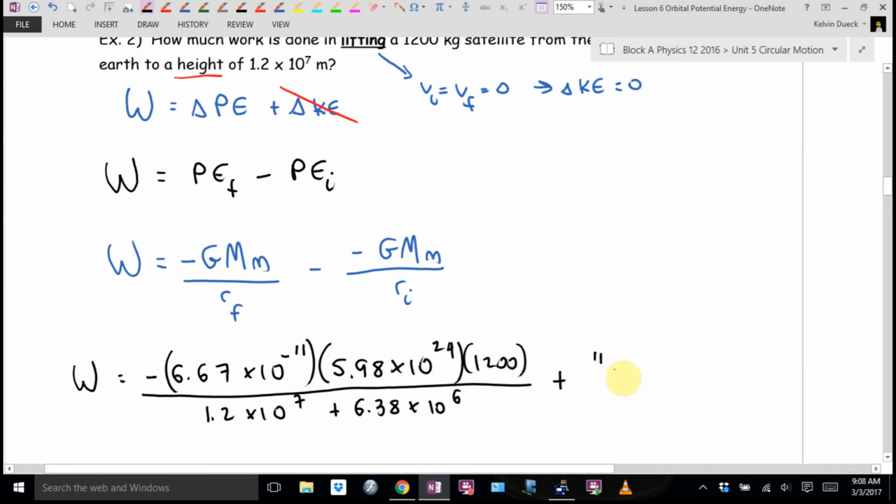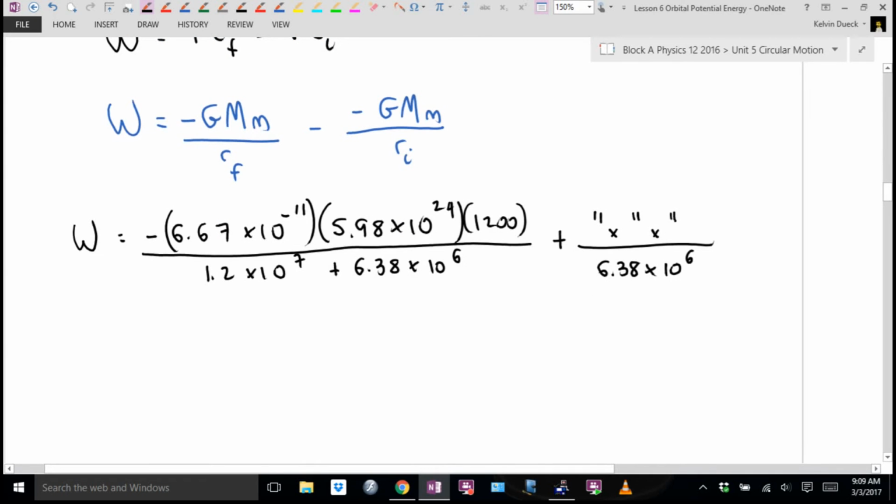You ready? Ditto mark times ditto mark times ditto mark divided by, what's our initial radius? Put your calculator down. I will turn you loose after this example, but I just want to show you we could. By the way, last year when I went on my big calculator rant, it was totally for this unit because I knew this was coming down the pipe.